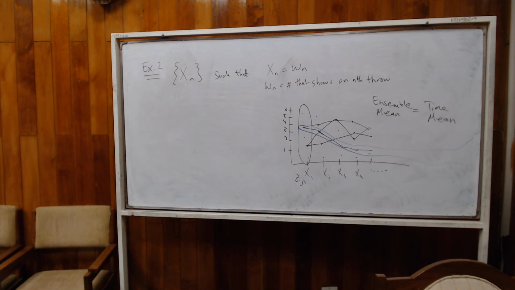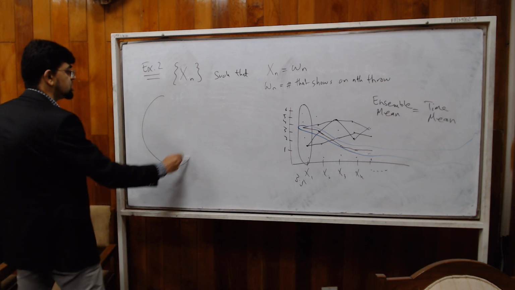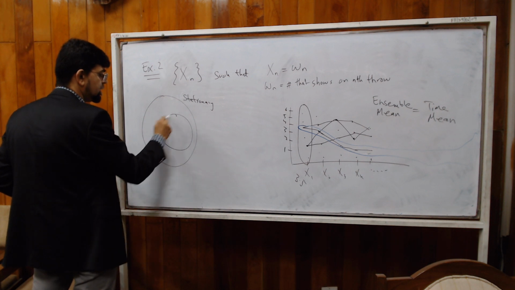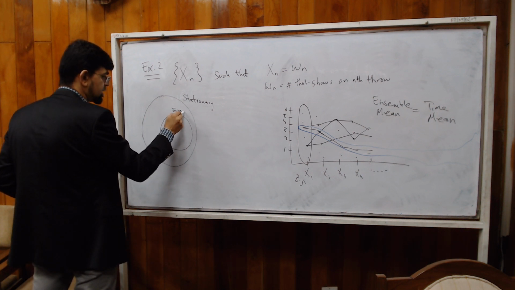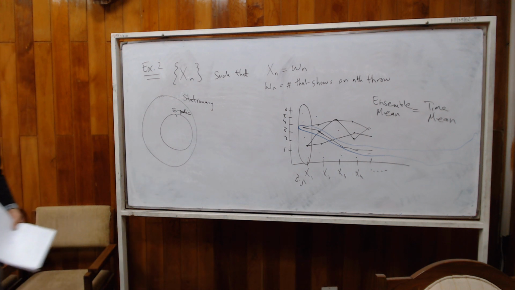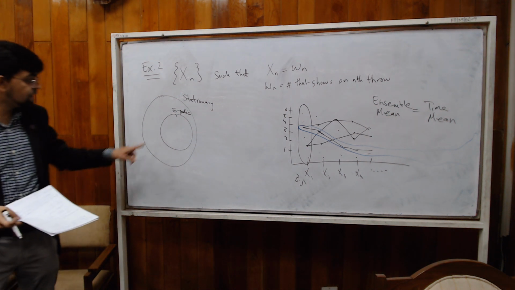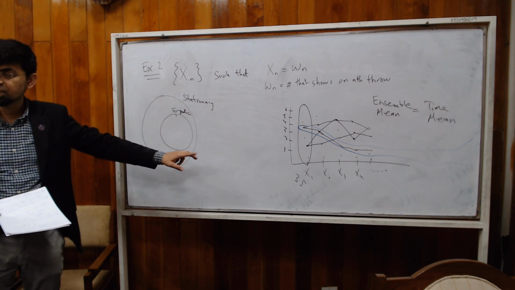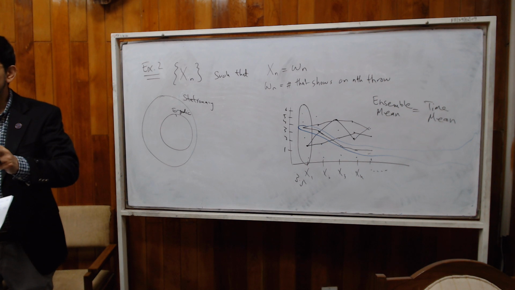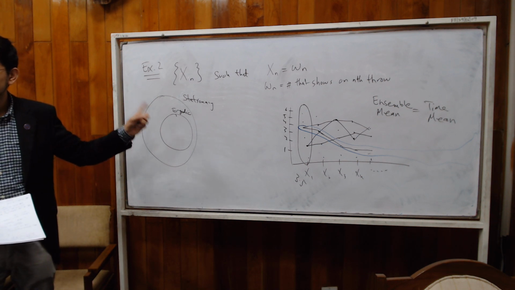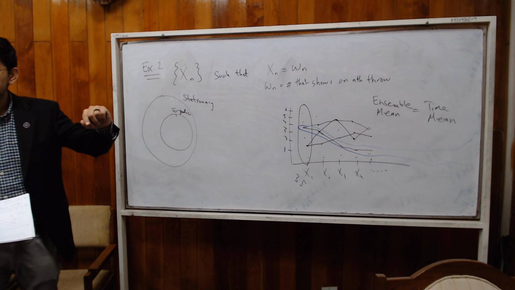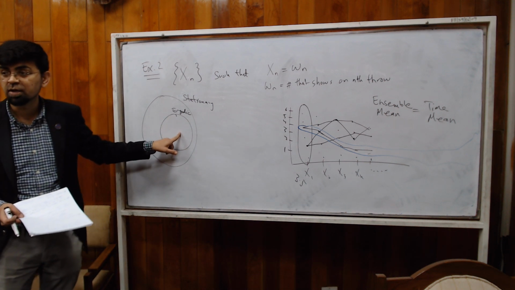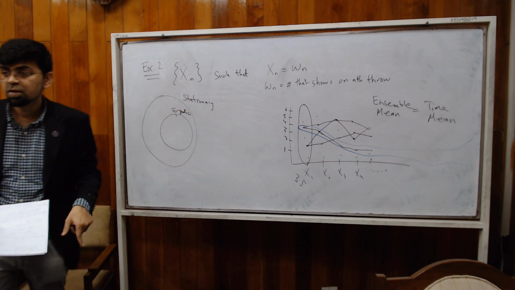So basically these are stationary processes, and in them there is this class of ergodic processes. Then there are stationary processes that are not ergodic, like the one I just showed you, the first example. At least what we saw in the mean was stationary, wasn't it? But the process ensemble mean was not the same as the time mean. So that process fell here, whereas this process falls here. This is stationary and it is ergodic.